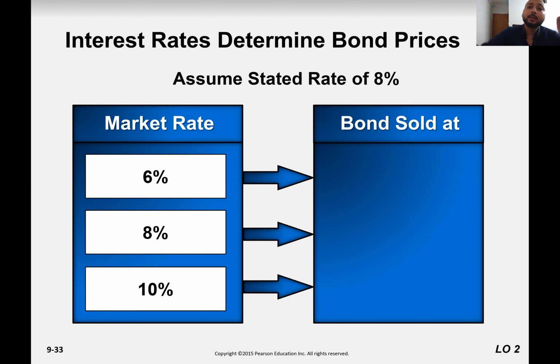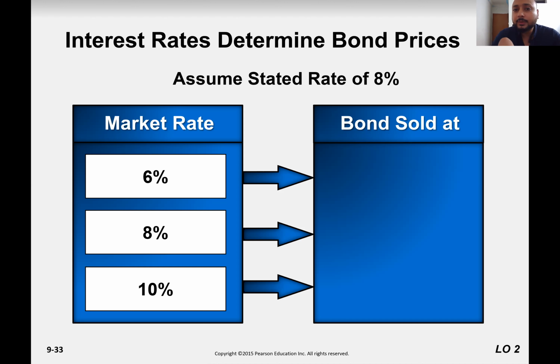So let's do the example so that we know whether the bond is issued at a premium, at a discount, or at par, right? So we know the characteristics of discount, premium, and at par. Let's talk about that.